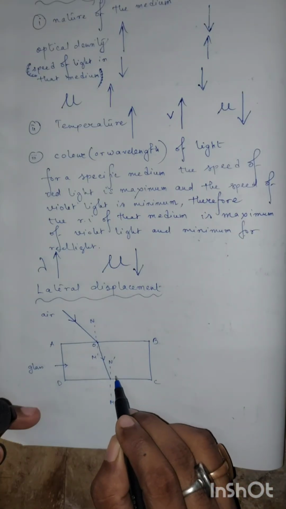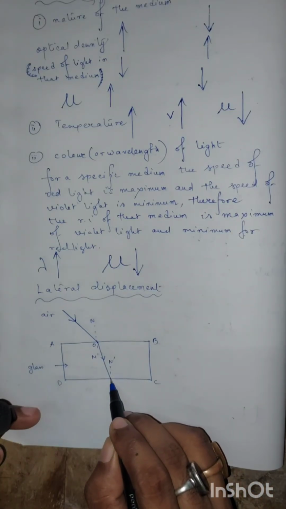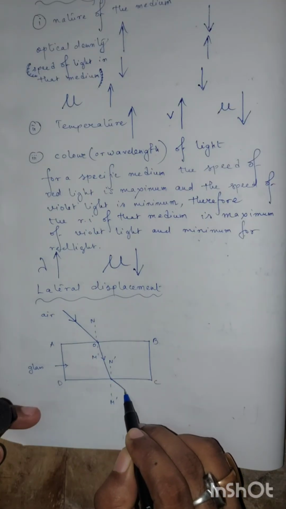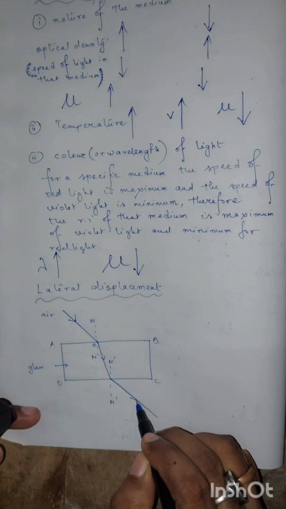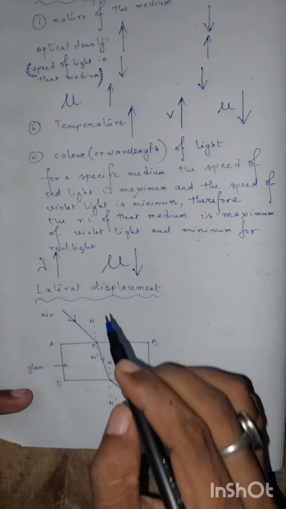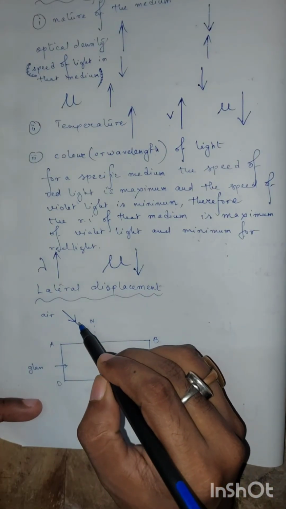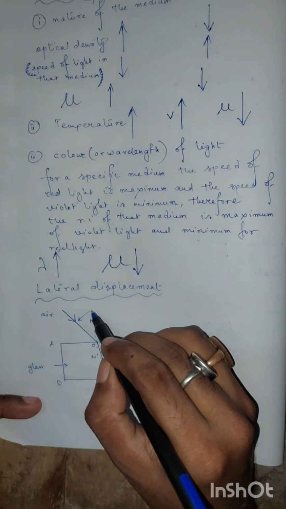So as it is traveling from a denser to a rarer medium, it bends away from the normal. This is our incident ray.